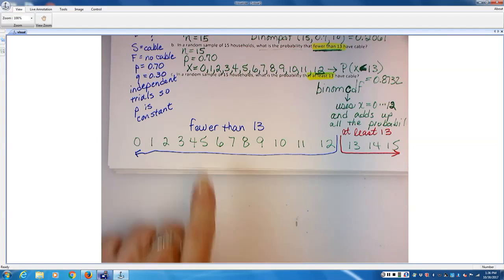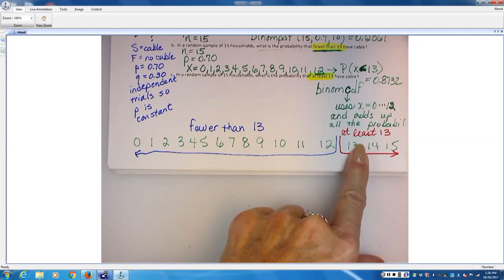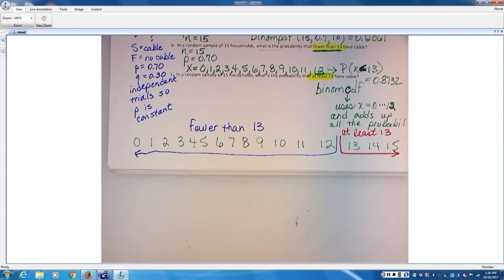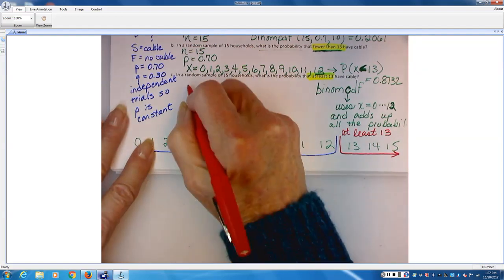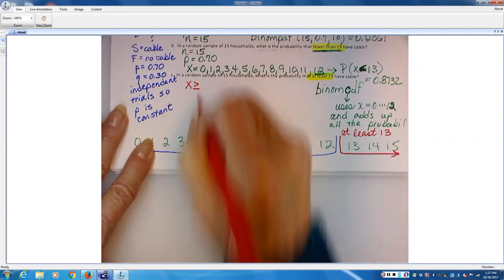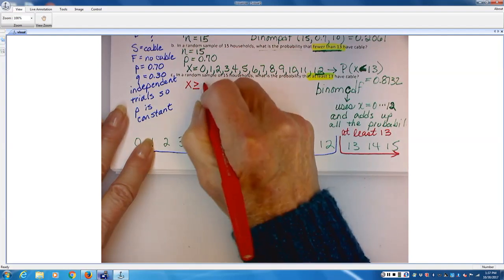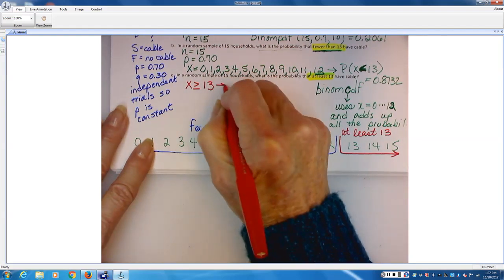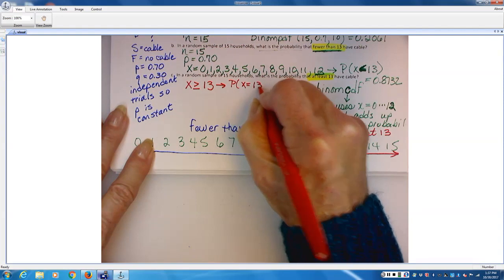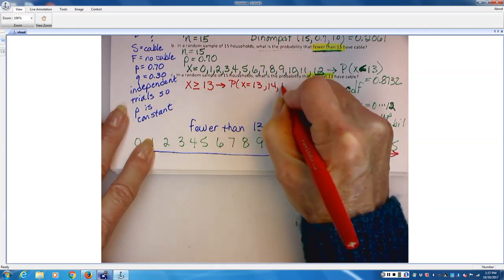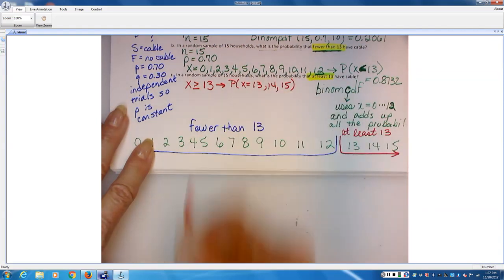Okay? Fewer than 13, at least 13. Now, there's two different ways to do this problem. Since you know that x is at least 13, which means x is equal to or greater than 13, you could find probability x equals 13, 14, 15 by just calculating 3 probabilities, which is not so bad.